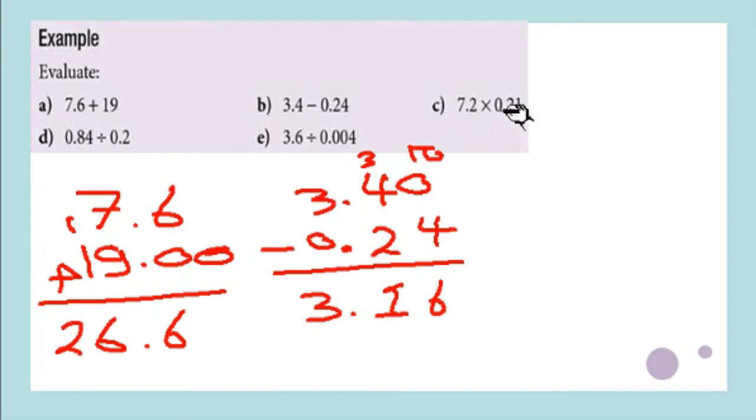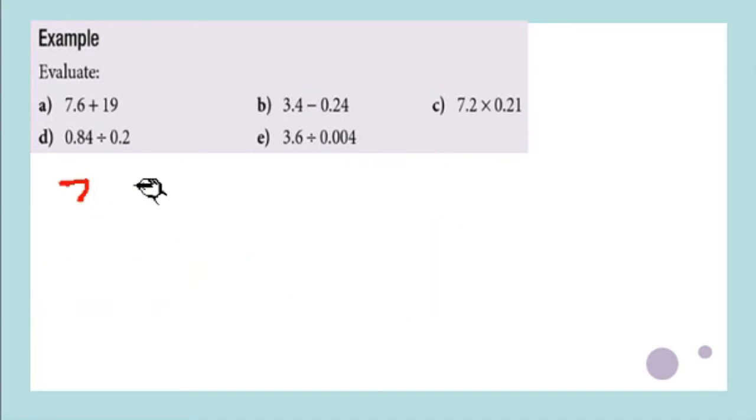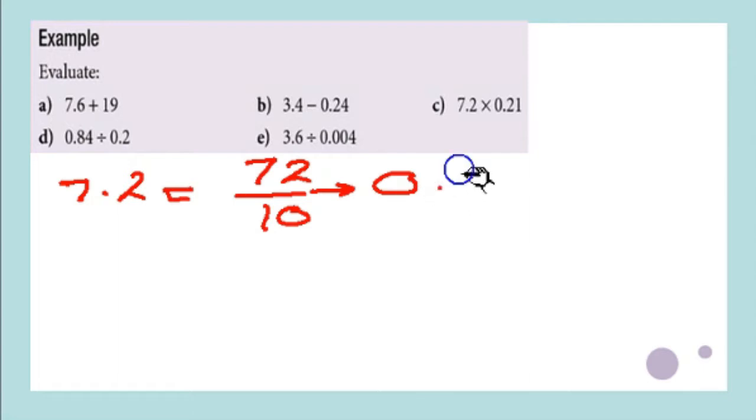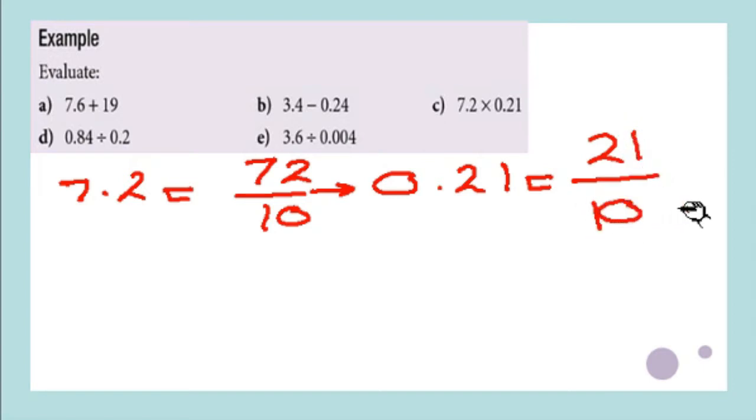Let's see how to do this. Be careful. 7.2 is 72 over 10. Remember, we took this in year 6. 7.2 is 72 divided by 10. And 0.21 is the same as 21 divided by 100.